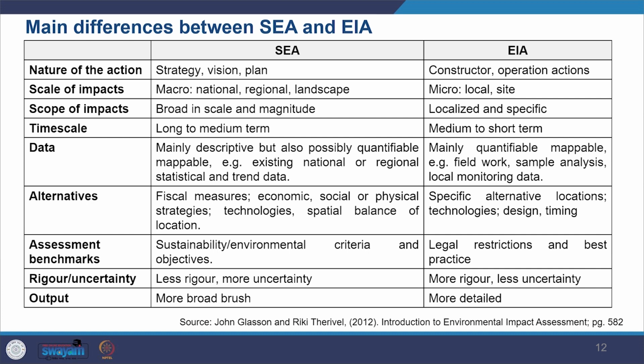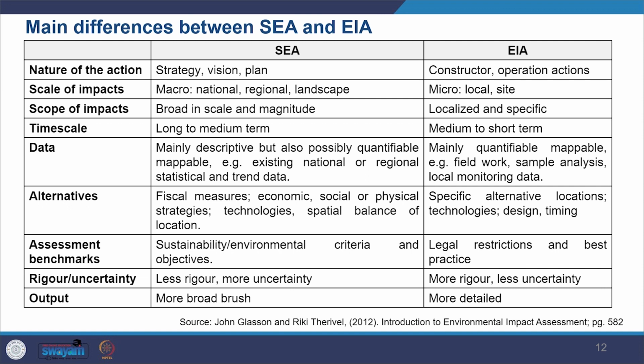So in case of SEA, assessment is more aligned to sustainability, environmental criteria, and objectives, whereas in EIA it would be legal restrictions and it will follow the best practice. And if you look at the rigor or uncertainty, with SEA you will see that it's less rigorous, more uncertainty is there.